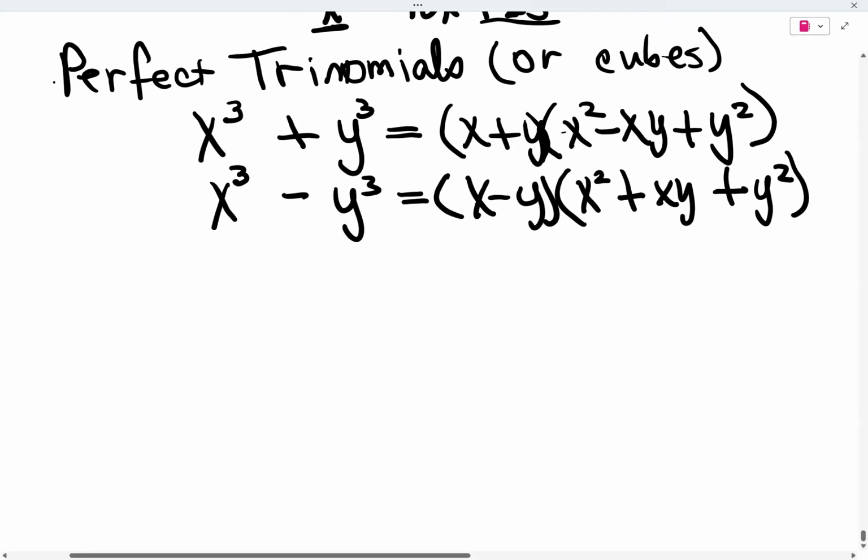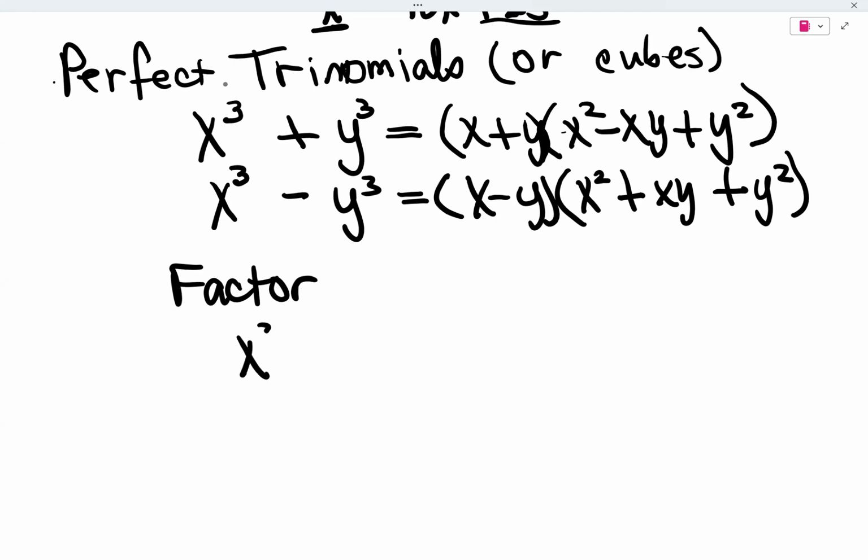So if I ask you, can you factor, the question would be, can you factor, and we would factor this to be able to find the solutions. Can you factor something like x cubed plus 27?